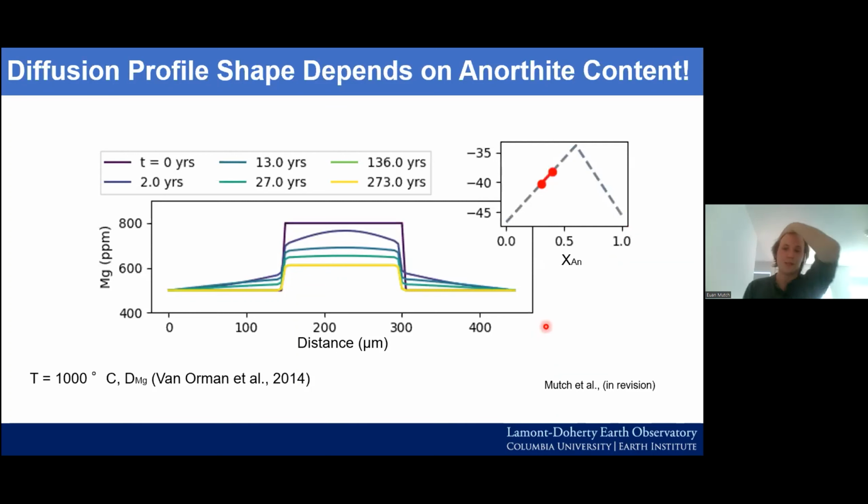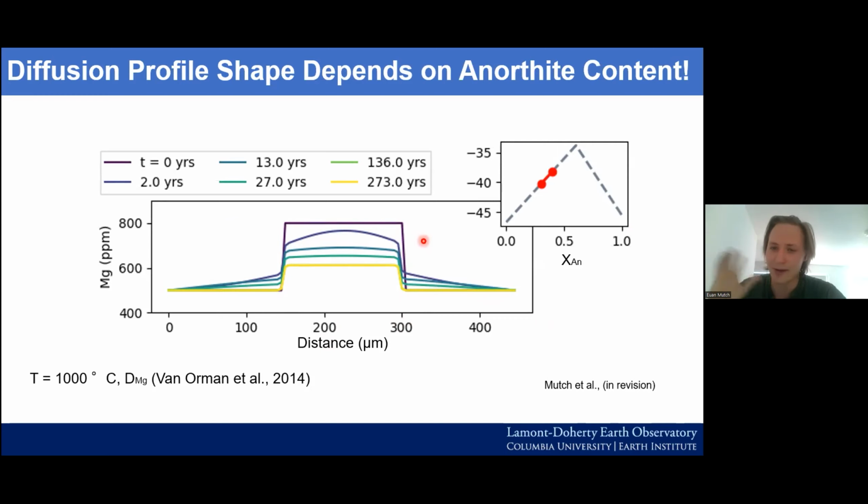So this odd, kinked partitioning relationship may have some important implications for the shapes of equilibrium profiles. And so what we did was we ran some theoretical, simplified models with 2 or 3 zones, a rim and a core in between.